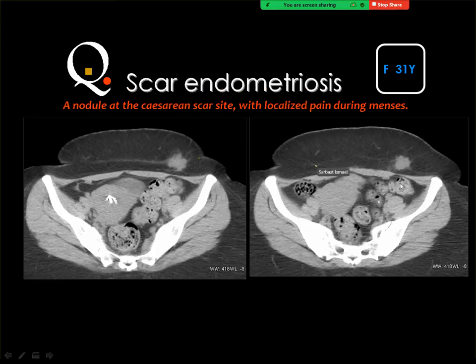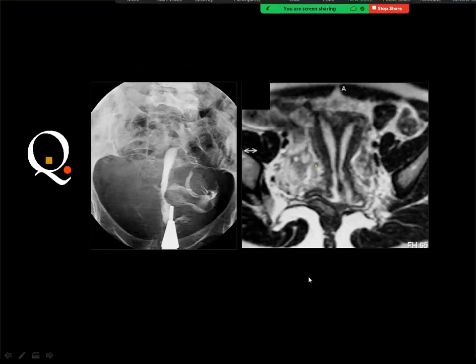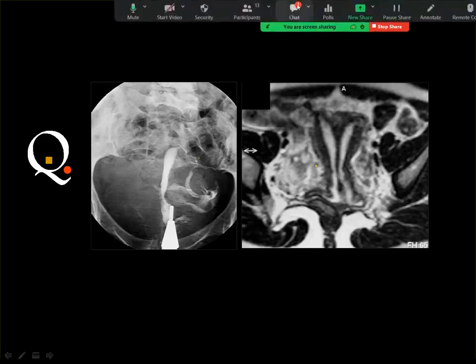The implantation of the endometrium at the site of the scar will form some mass in the subcutaneous tissue, and this mass became painful during menses. Next case is a hysterosalpingogram and MRI of the same case.